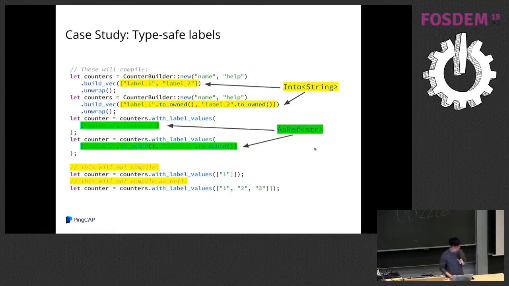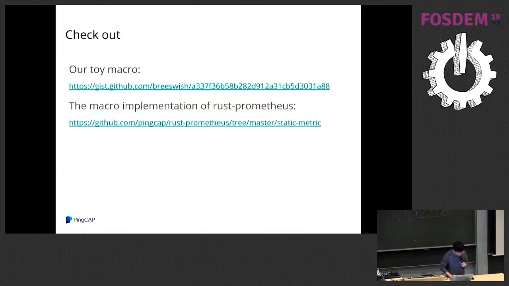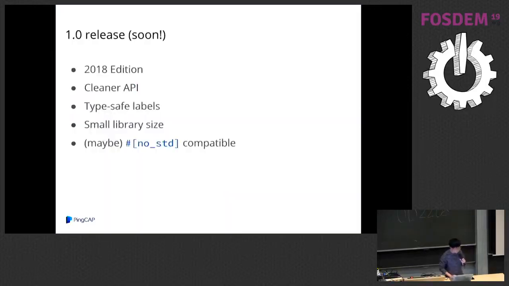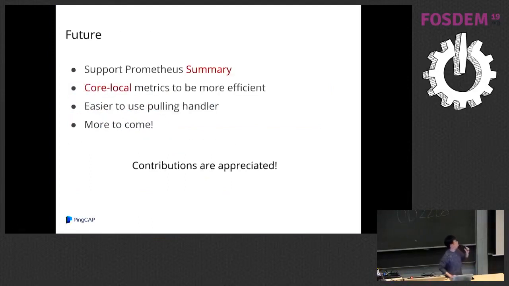Okay, so let me show it here. Actually, we have benchmarked the performance of using atomic variables. Usually it takes 10 nanoseconds when you use an atomic variable in a single-threaded environment. And when there are more threads, the condition may be worse because there may be cache contention.